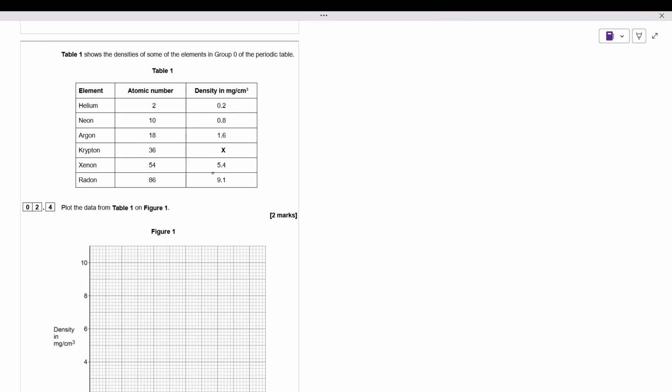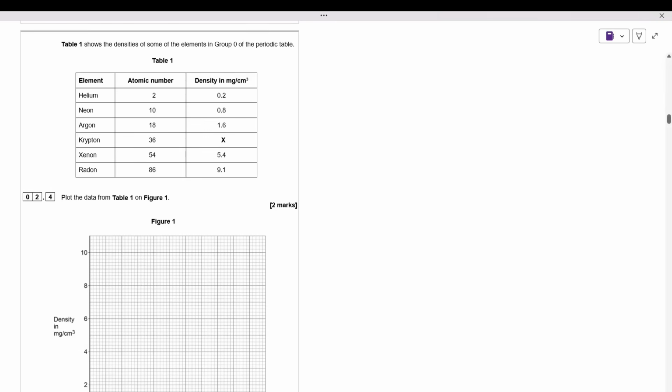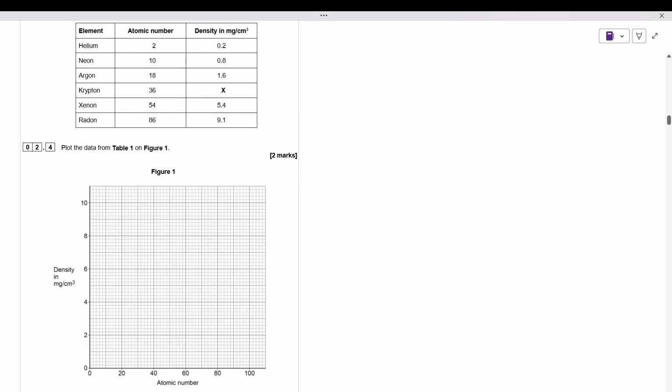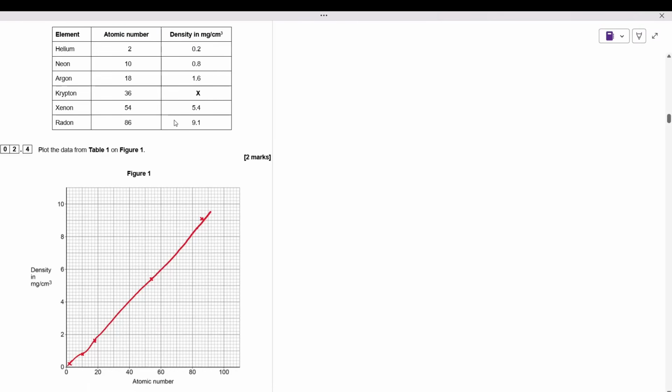Looking at the density, as we move down, the density is also increasing. The first thing here is for us to plot the data from table 1 onto figure 1. So let's quickly plot this.